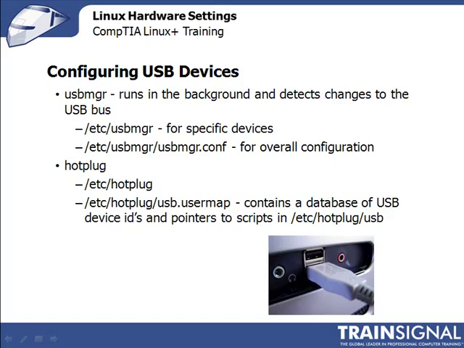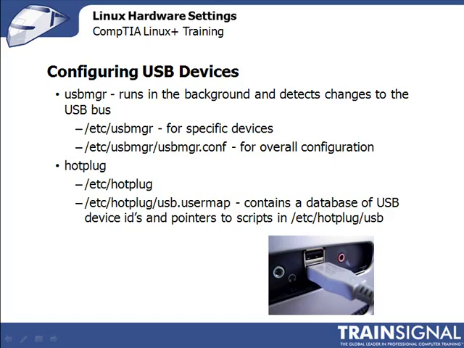USB Manager's use is declining though, and this is due to the shift from in-kernel drivers to those in the /proc/bus/usb file system. Again, this is a virtual file system. As of the 2.4x Linux kernel release, most distributions now use the Hot Plug package.